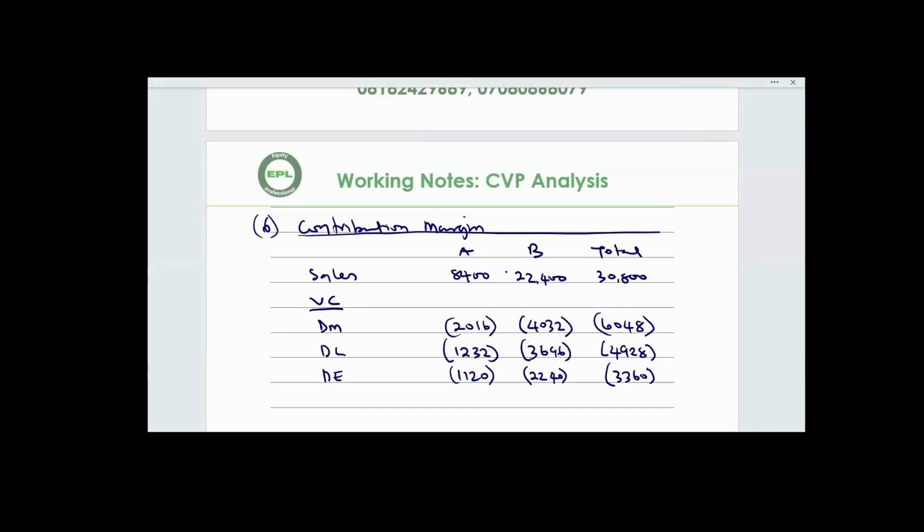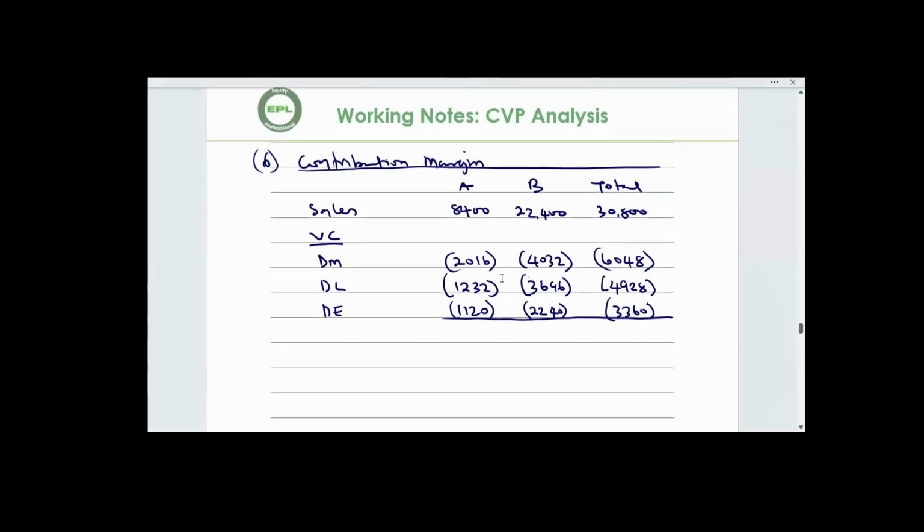Okay. So let's find the difference. I will say 4032 for A. Okay, this is contribution.